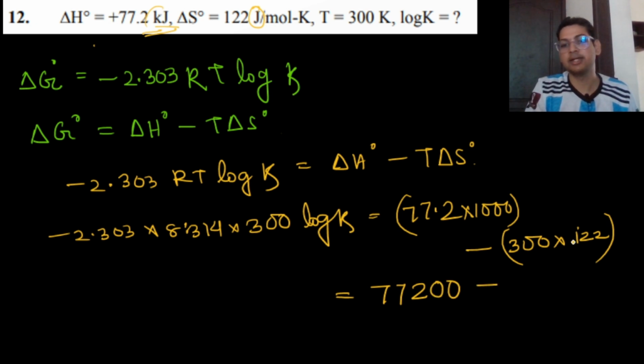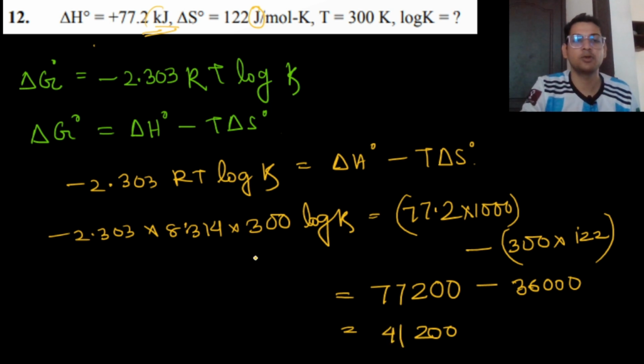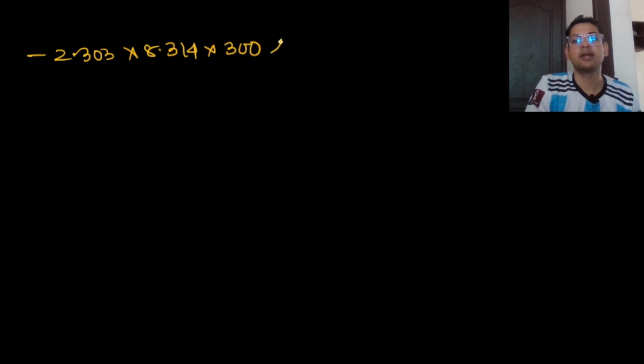77200 minus 36600, that means 77200 minus 36600 equals 41200... Okay sir, no problem. Then go for the next page. So I got minus 2.303 into 8.314 into 300 log K is equal to what I got?